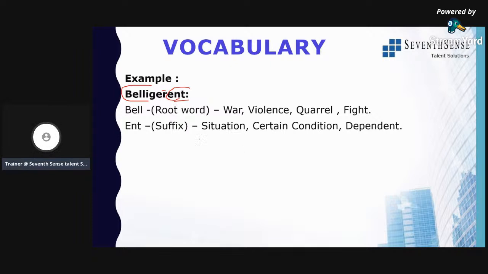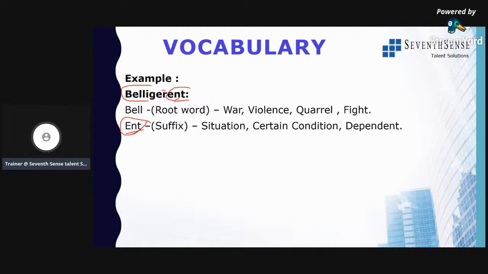Okay, ent is a suffix. If you know the meaning of some suffixes, like ent in development, where you get ent at the end, and you divide the words into prefix, suffix and root word, then definitely you are going to find the meaning of any unknown word, right?